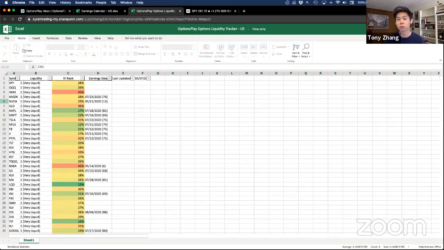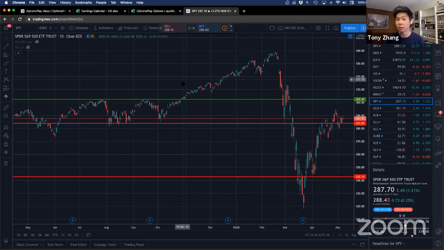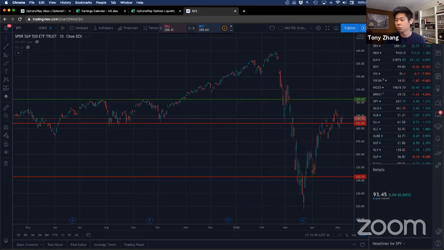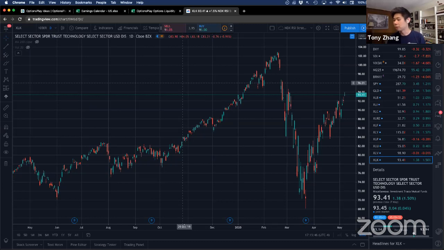Is the tech rally losing steam, and will rotation occur soon? I'm not a big believer that the tech rally is necessarily coming to an end, because I do think the post-COVID-19 world is going to look vastly different. I think technology is going to be one of those sectors that will continue to see strength after COVID-19, and certainly will be more resilient than many other industries, such as consumer discretionary, that I think are going to have a tough time as we enter a recession.